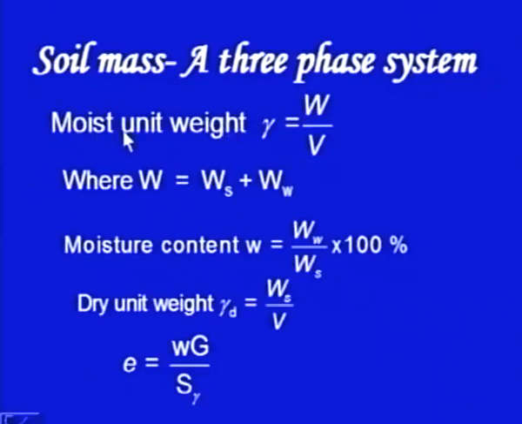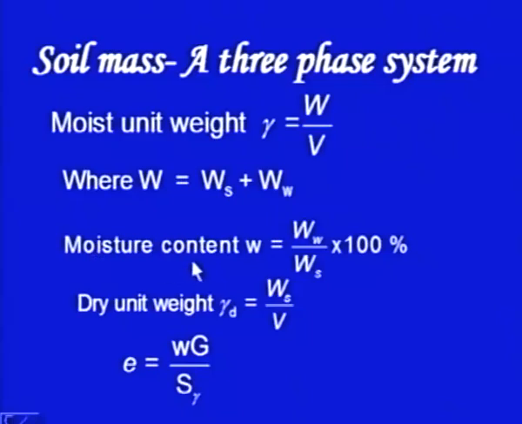It is the moist unit weight, or you can say the bulk unit weight, gamma, which is equal to total weight of the mass divided by total volume. The units of gamma will be kilonewton per meter cube. Here weight means total weight, it includes the weights of the solids and also the weight of water present in the soil mass.